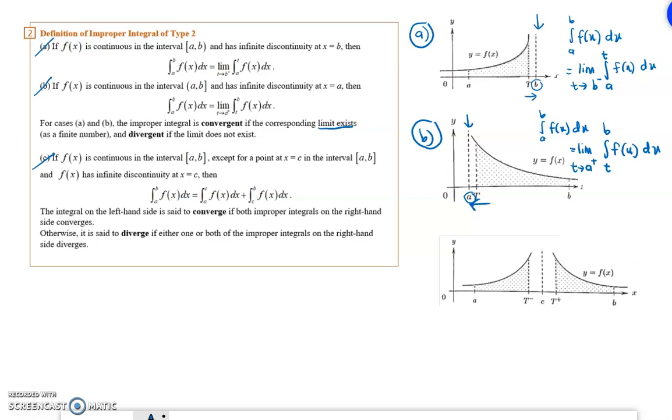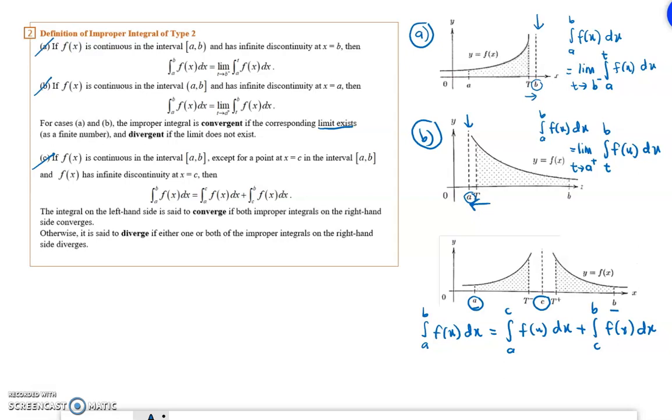For the third case, which is c, we have a function f(x) which is continuous in the interval a to b, except at the point x equals c. So here we can represent our improper integral as the integral from a to c of f(x) dx plus the integral from c to b of f(x) dx.